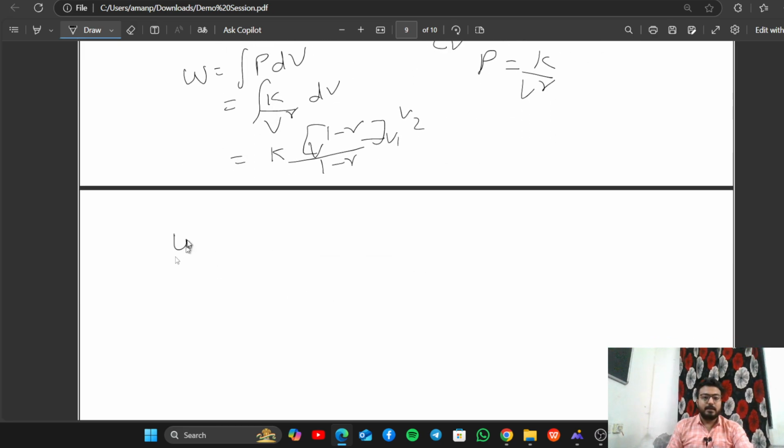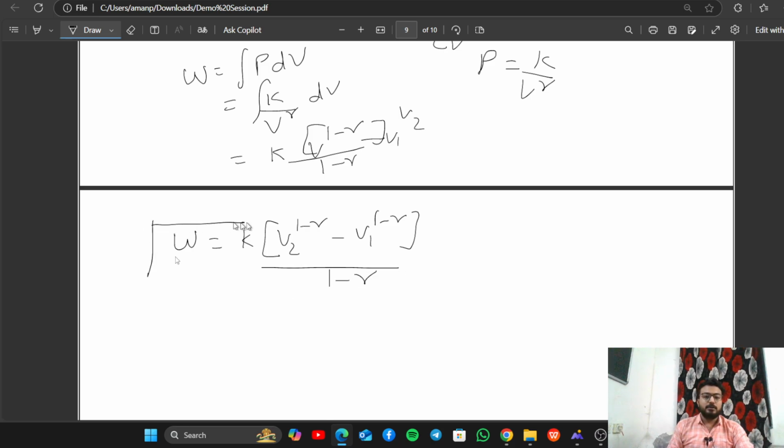We can write this as K times (V2^(1 minus gamma) minus V1^(1 minus gamma)) upon 1 minus gamma. So this is the mathematical formula for calculating work done by the adiabatic process.